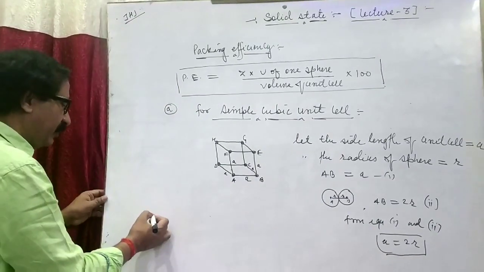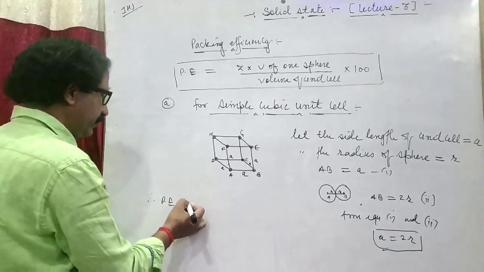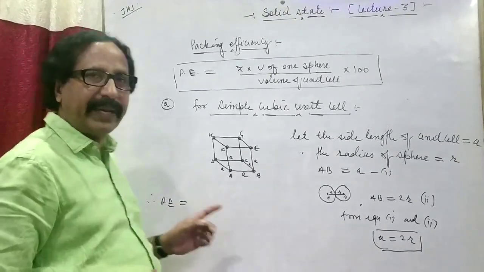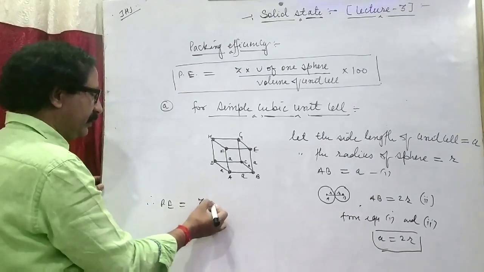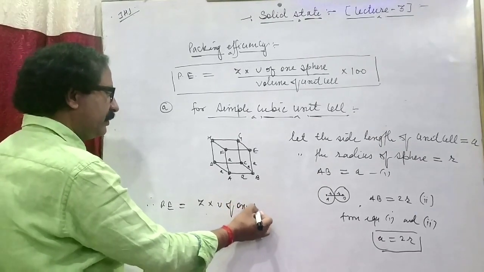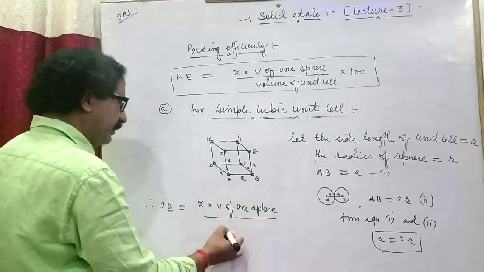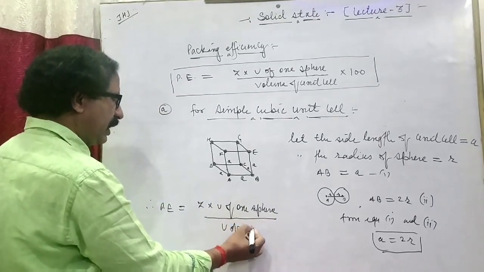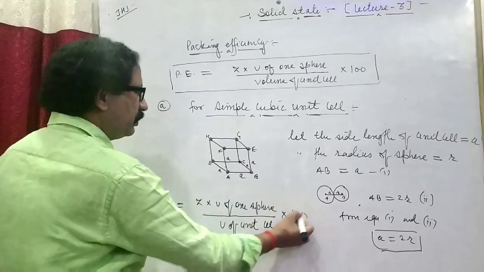Now apply the formula. Therefore, packing efficiency is equal to Z into volume of one sphere, the whole upon volume of unit cell into 100.